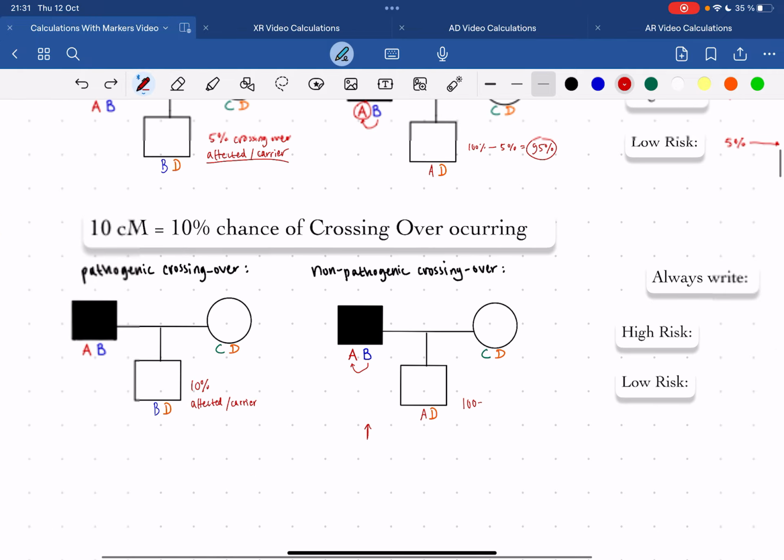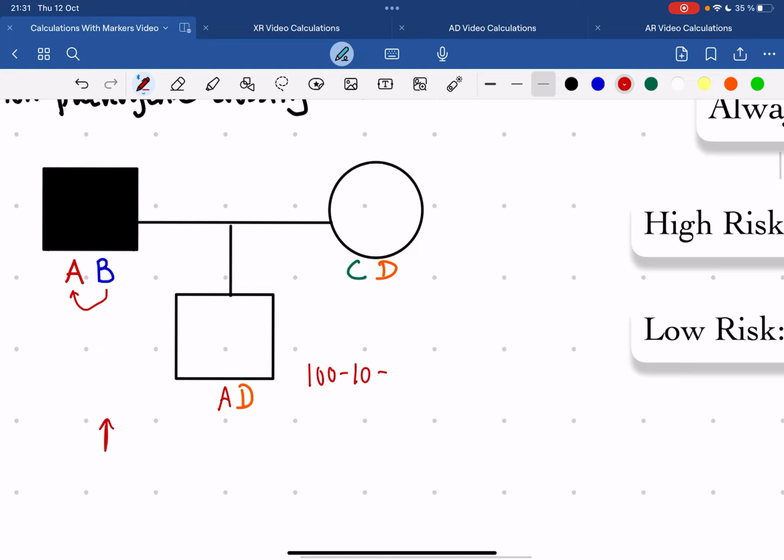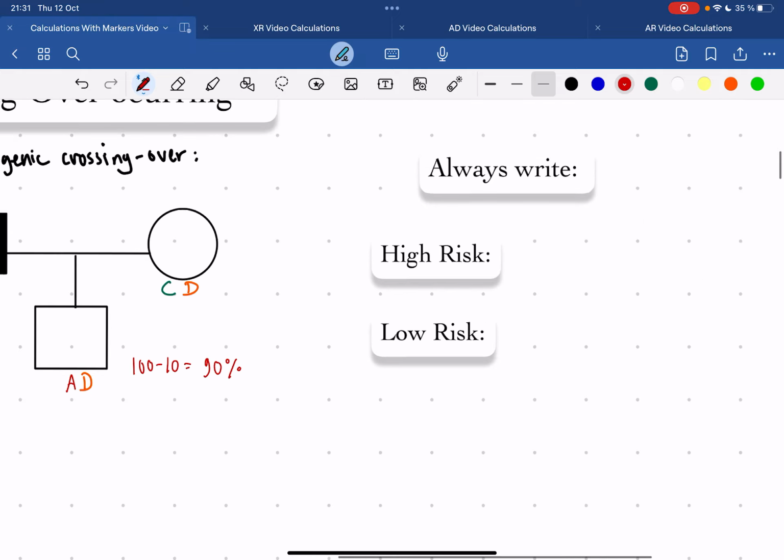We take 100 minus the chance of crossing over to occur, which equals 90%. So here our high risk would be 90%, which is 9 over 10, and our low risk would be 10%, which is 1 over 10.